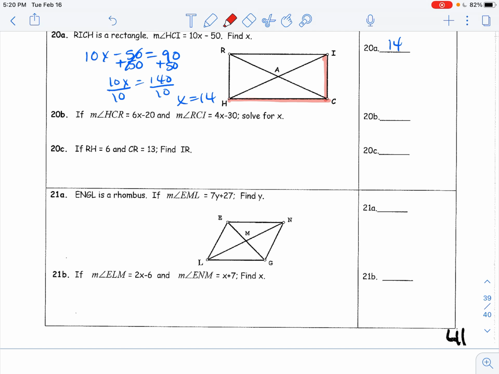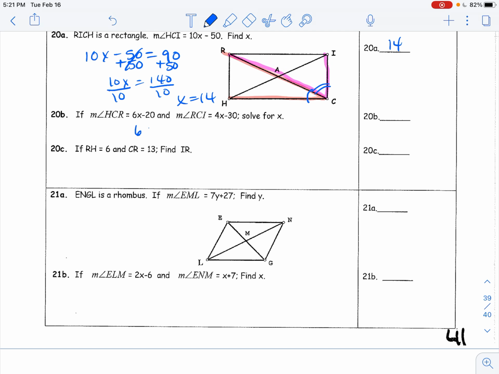All right, question number 20b. If the measure of HCR, okay, gotta clean this up again. HCR, that is this angle right here, is 6x minus 20. And RCI, so from R to C to I, this angle is 4x minus 30, solve for x.